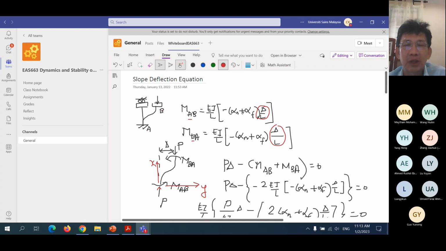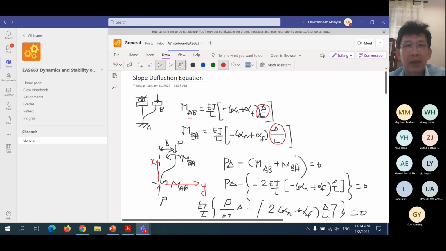If you refer back to the original slope deflection equations and put theta A and theta B as 0, we end up with these equations for MAB, which is the moment at NA, and the same thing for the moment at B. We have the same equations because this relative end translation will cause the same moment at NB and NA.